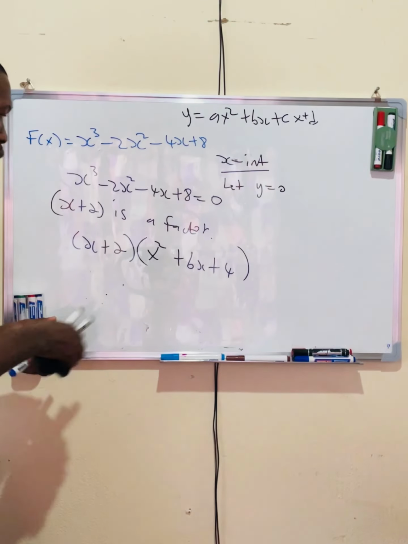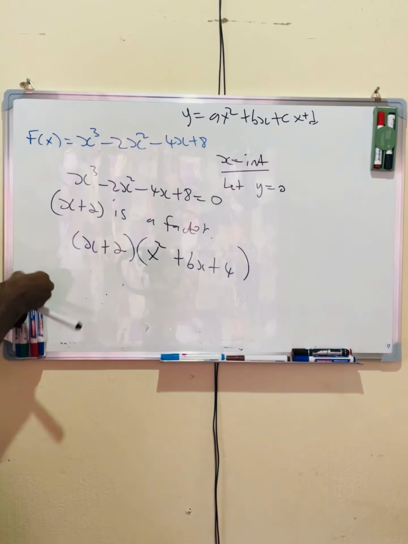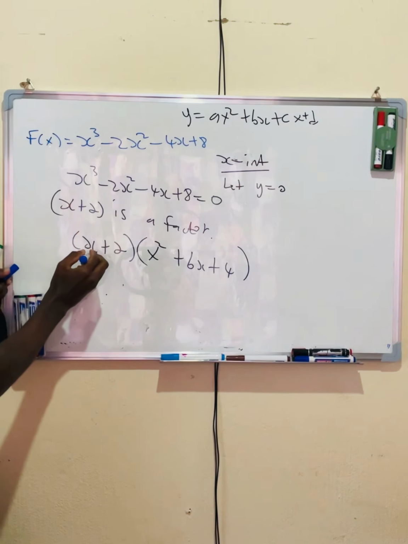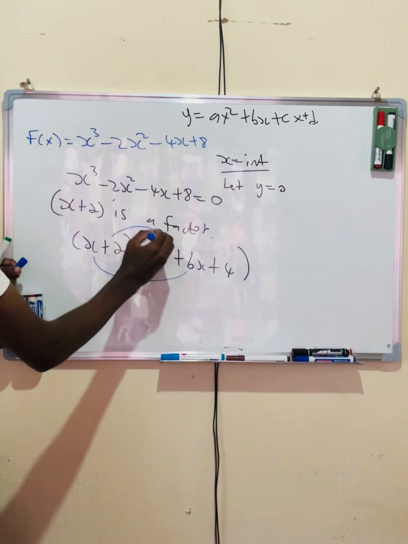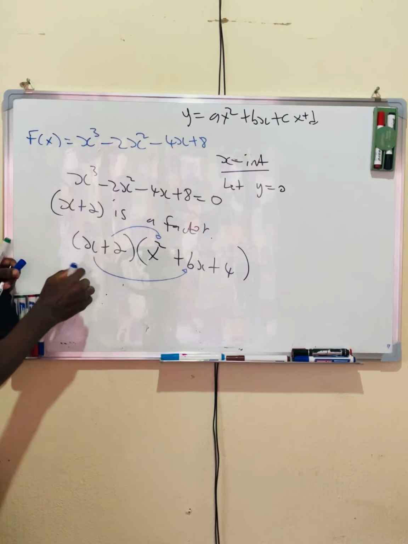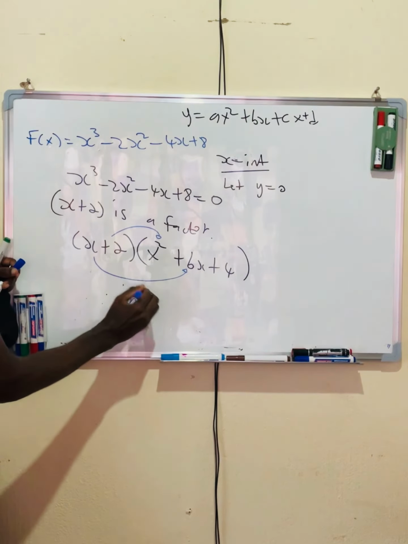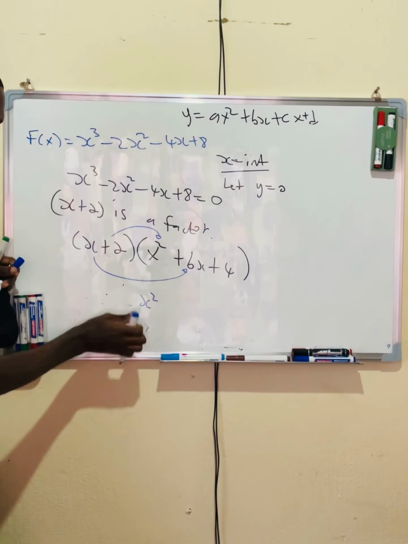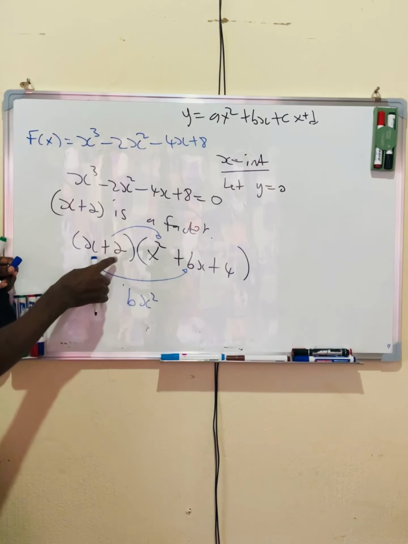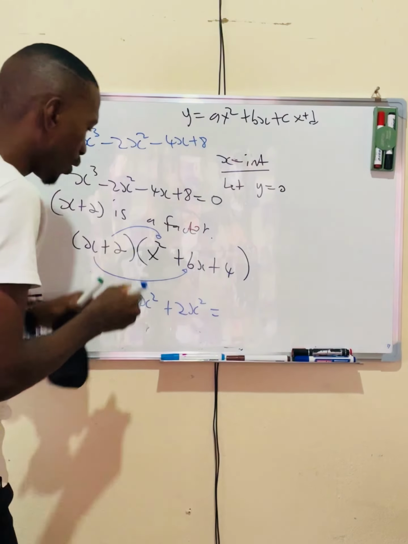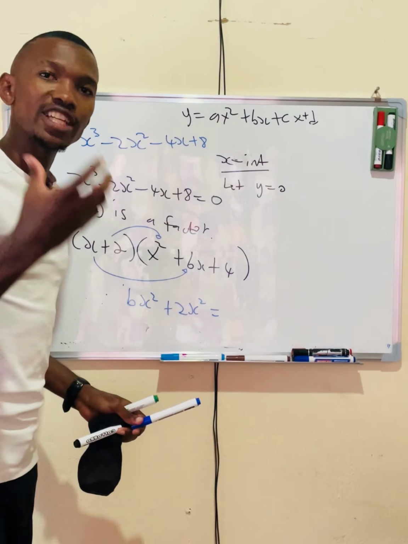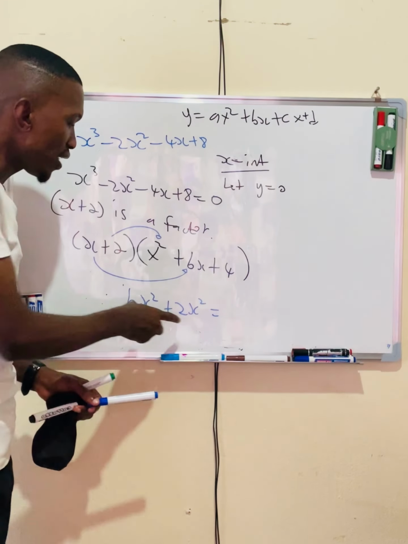Now what are we going to do? We are going to multiply. You take the x and multiply it by this one. You take this one and multiply by this one. So x times that one, I'm going to have bx squared. And then 2 times that, I'm going to have 2x squared, equals to. Now I need to find an expression that has the x squared.